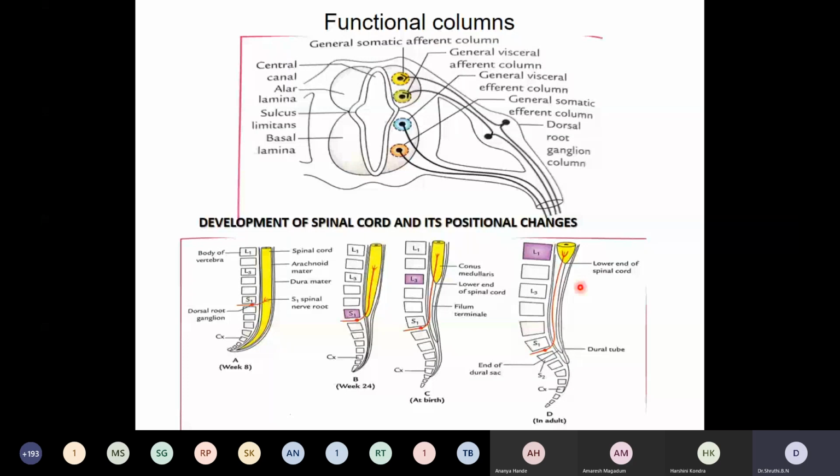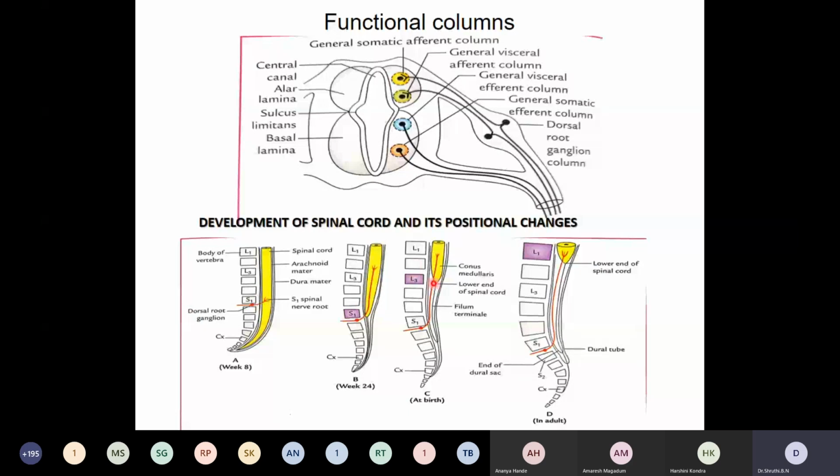Because of this recession of the spinal cord, because of the differential growth of the vertebral column, the spinal nerves do not arise at a level corresponding to the intervertebral column. They run obliquely downwards.